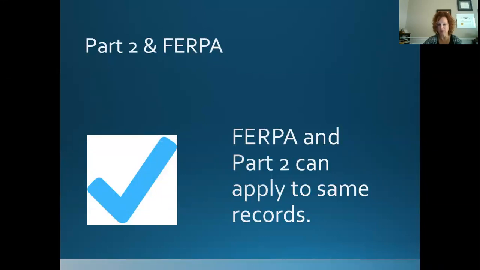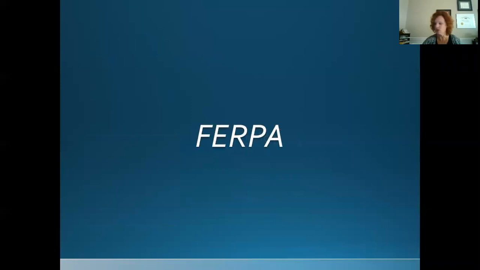We're going to talk a little bit more in detail about that as we move on with the presentation. But just keep in mind for now that FERPA and Part 2 can apply to the same records at the same time, and we'll have to take into account what that means for student behavioral health records.